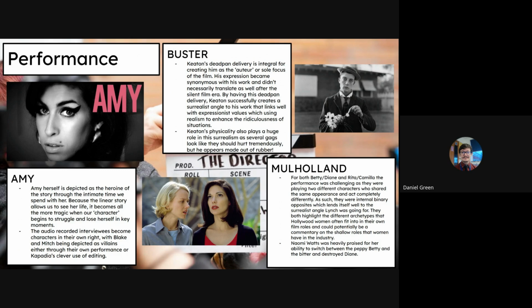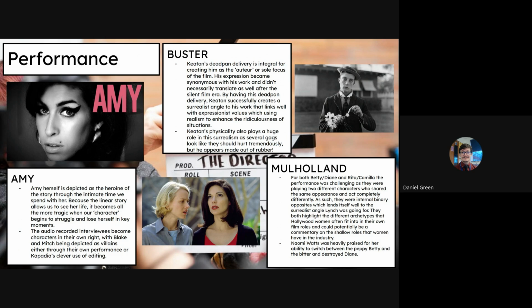But with the deadpan delivery, he created a more surrealist angle to his films that links well with the expressionist values, which uses a bit of realism to enhance the ridiculousness of the situation. And also Keaton's physicality in his performance plays a huge role in the surrealism of several gags. And I say there, it almost looks like he's made out of rubber because he sort of just bounces off the floor and does ridiculous things and almost looks like he's injuring himself in the process.